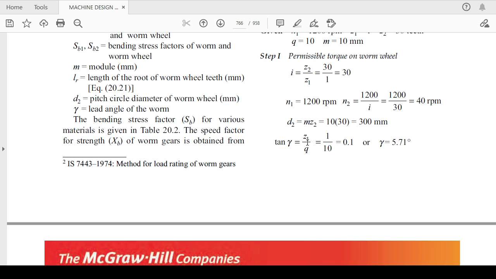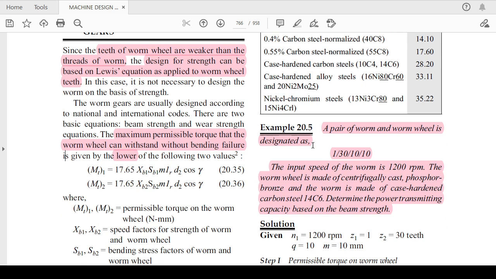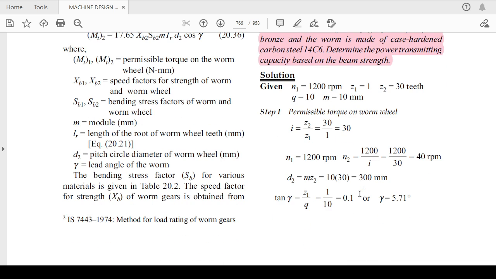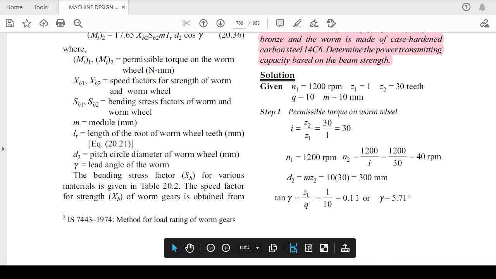With Z1 as 1 and q as 10, you get 0.1, and when you take the inverse tan of 0.1, you get the lead angle as 5.71 degrees.